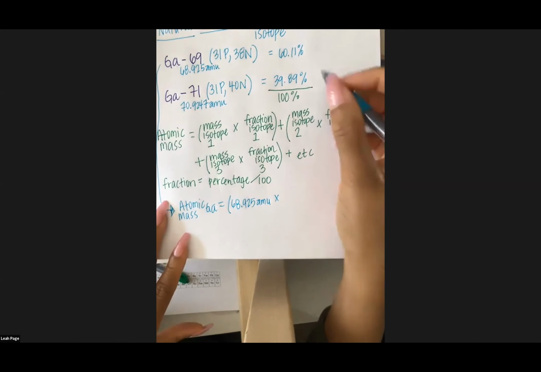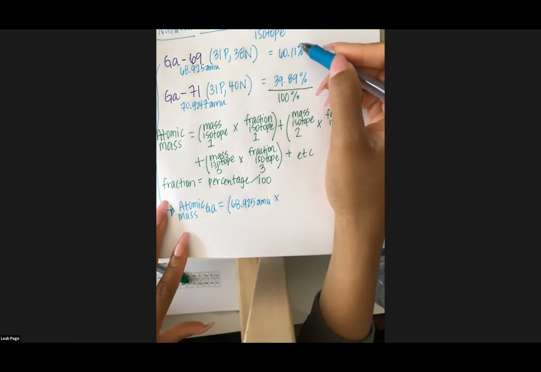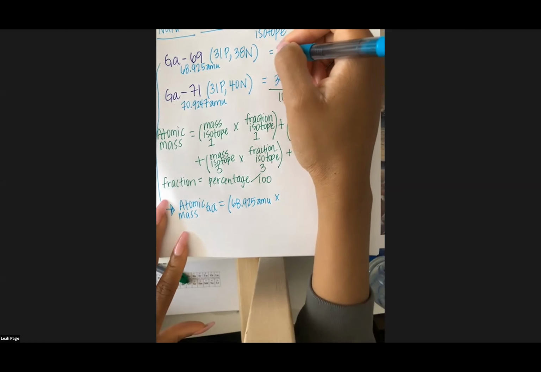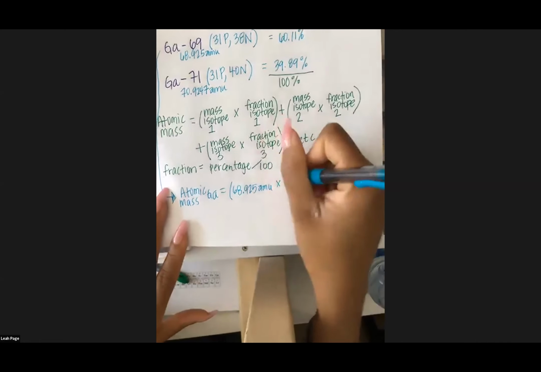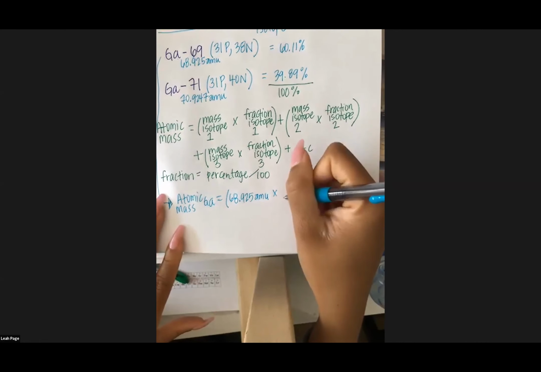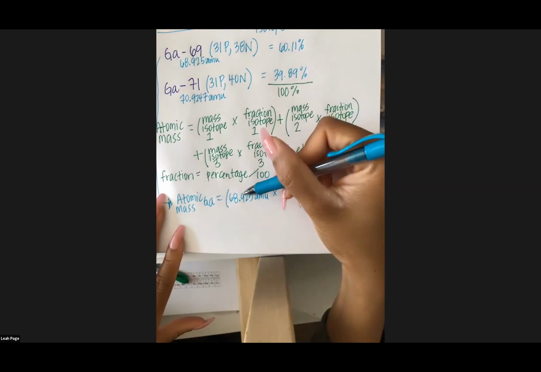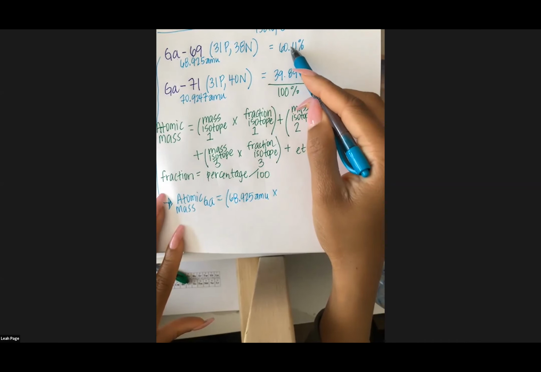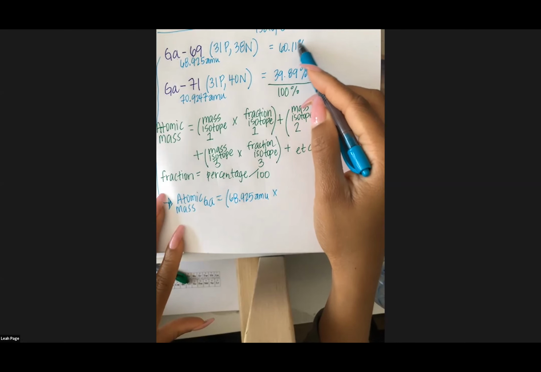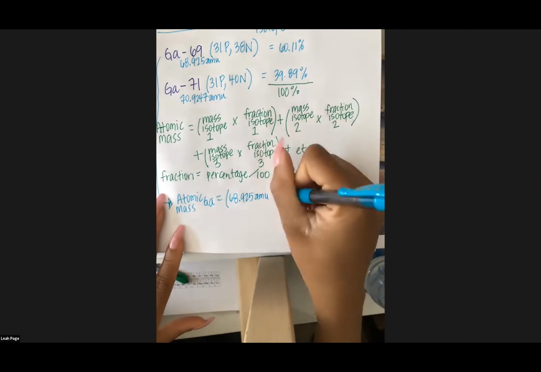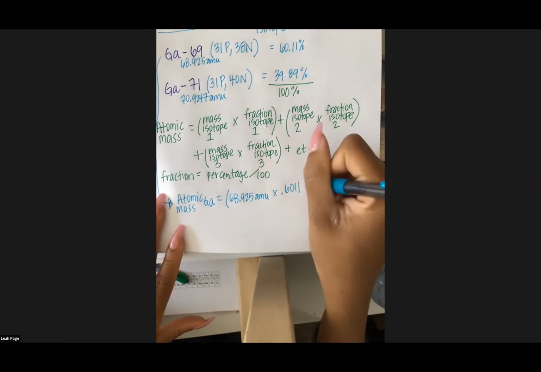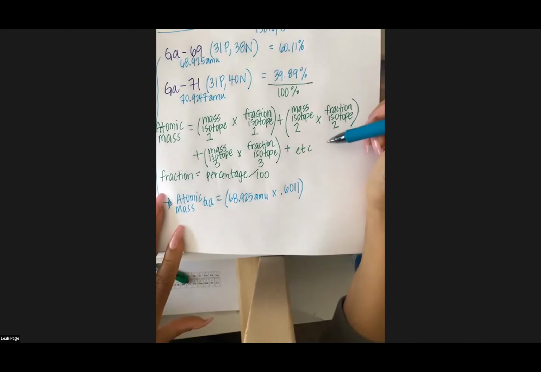Remember, when we're dividing by 100, all we've got to do is move our decimal place over 2 spaces. Well, no, that's the mass of the first isotope. I want the fraction. You just told me that I take my percentage and divide it by 100. So the fraction in this case is just going to be 0.6011.